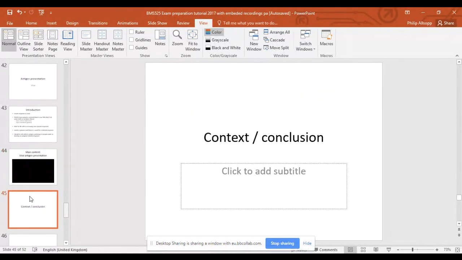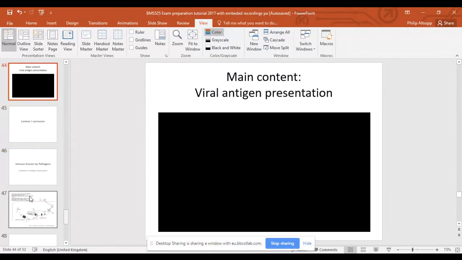In terms of antigen presentation, the main content is present in the video. It's a whole process of the virus infecting the cell, making its own proteins, the proteins getting broken down by the immunoproteasome, and the epitopes released from the broken down protein moving to the endoplasmic reticulum through TAP.